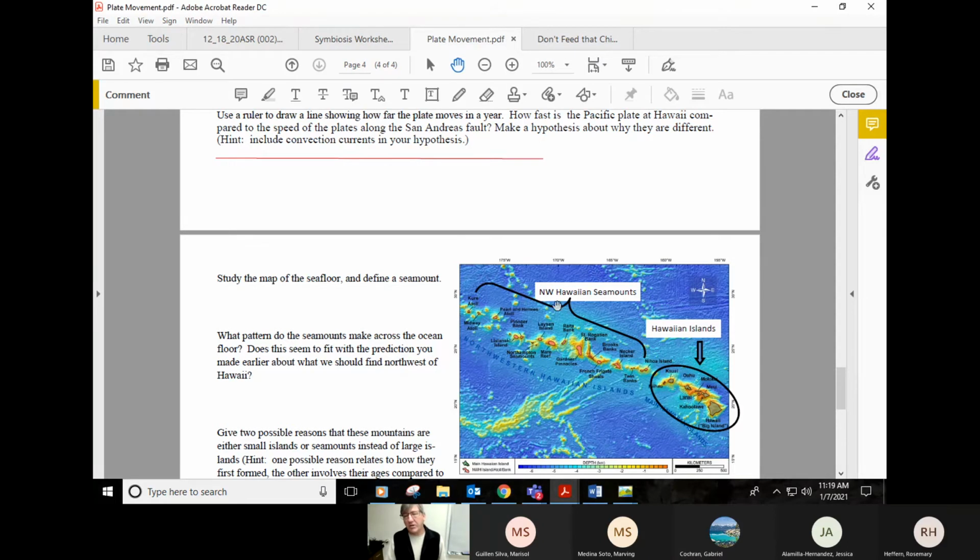And then we're calling these as a group the Northwest Hawaiian Seamounts. And here I'm asking you for a definition of a seamount. I'm just going to give that to you real quick. I'm just going to call it an underwater mountain. That would be a seamount.